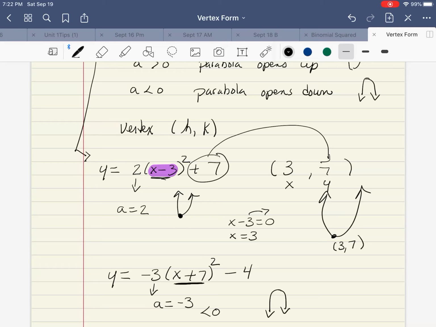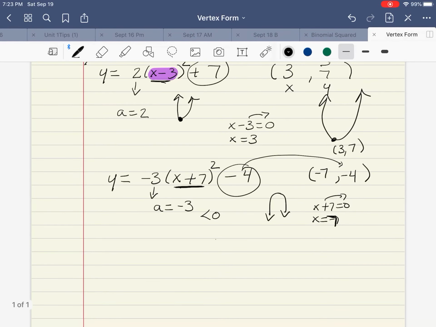For my vertex, again, I'm going to get my vertex point here. I'm going to take that x plus 7, go off here to the side, and quickly solve for x. So the x coordinate of my vertex is going to be minus 7. And then the y coordinate is just going to be what's left over here. So that's going to be minus 4.